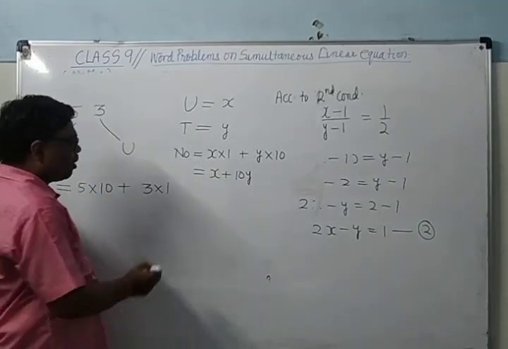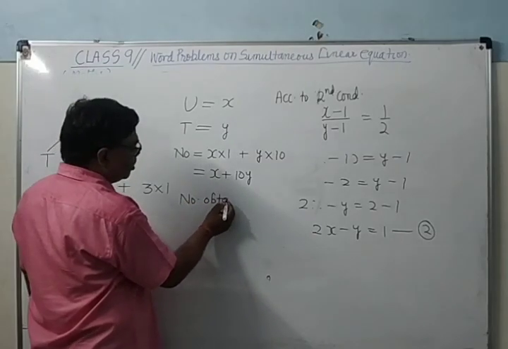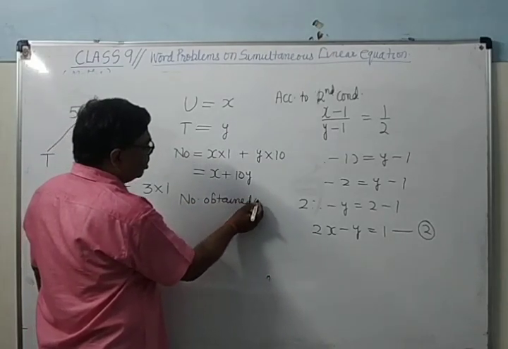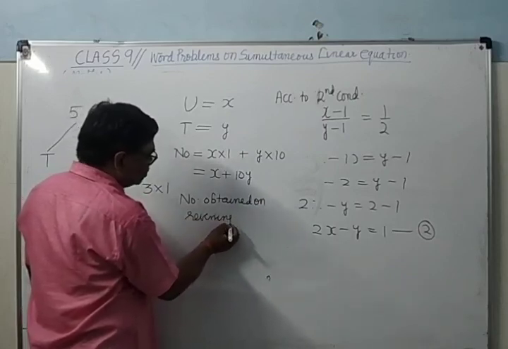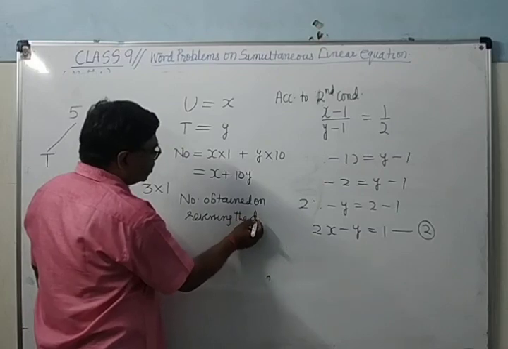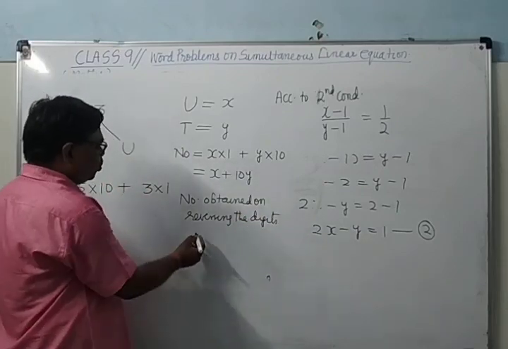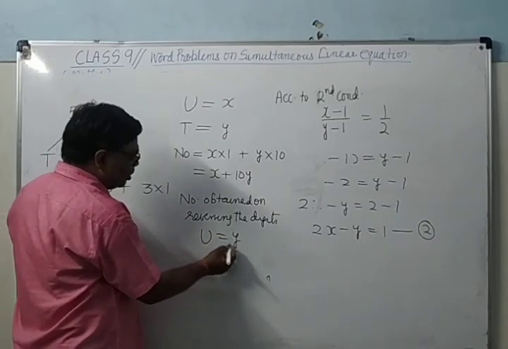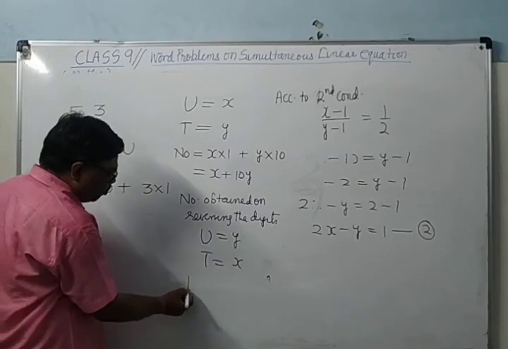What will be the number obtained on reversing the digits? When the digits will be reversed, what will happen? Unit digit will become y, tens digit will become x. So new number will be what?